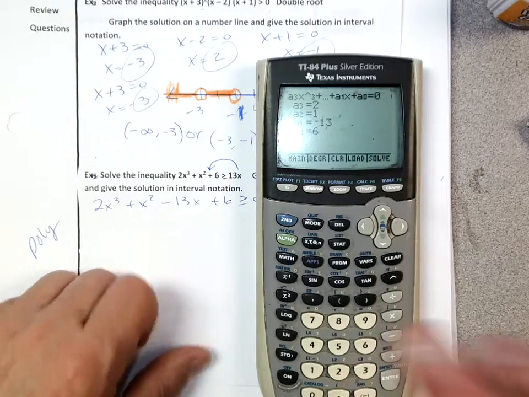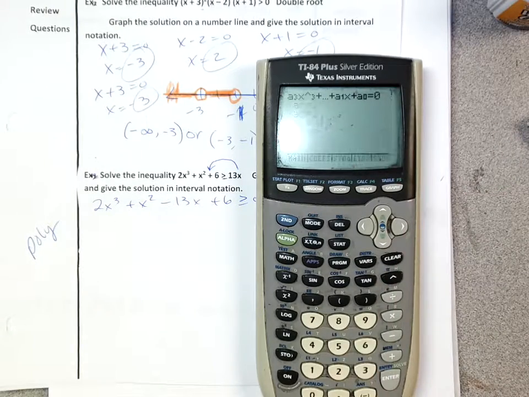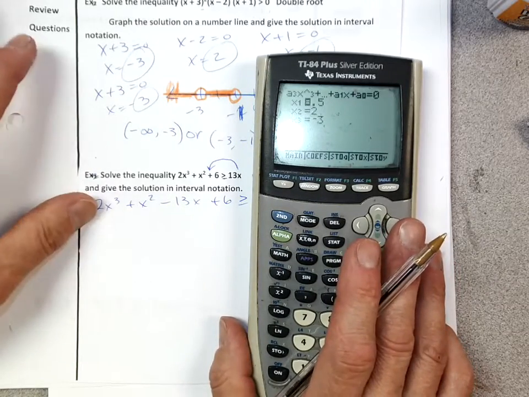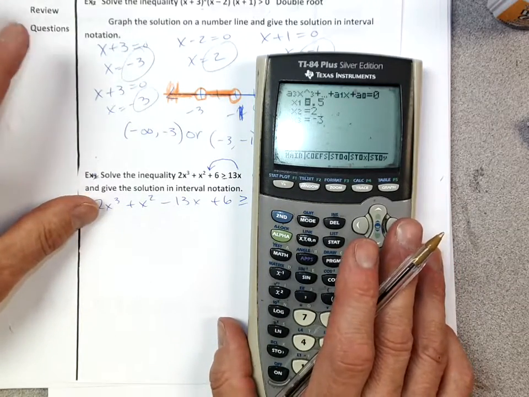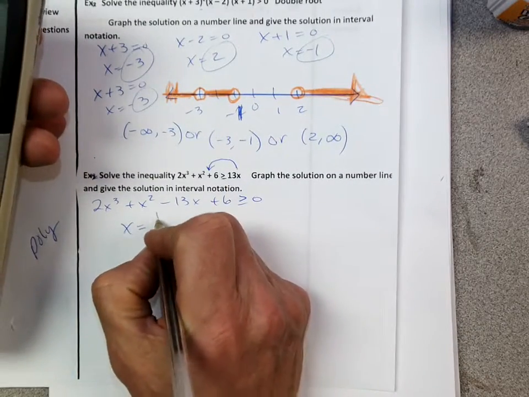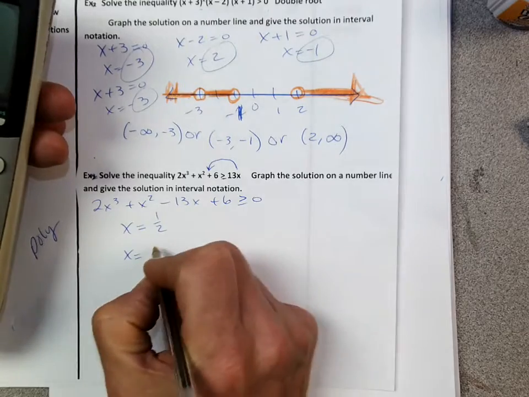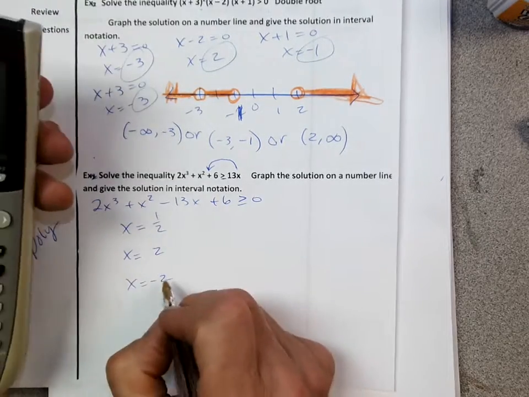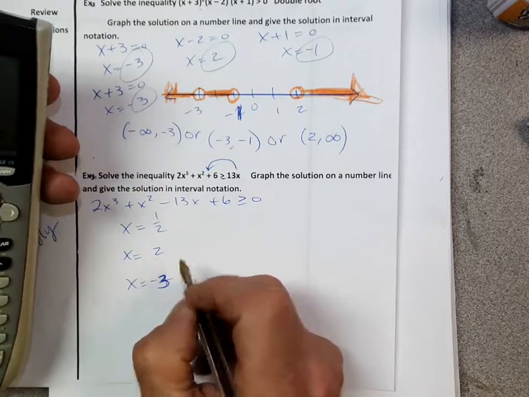And I'll solve. It's thinking. Oh, it would have factored. What do you know? But it would have taken me a while to get it to factor, right? You agree? So here are my border points. My border points are at x equals 1/2, x equals 2, and x equals negative 3. Those are my border points.